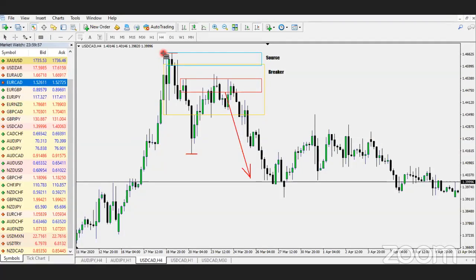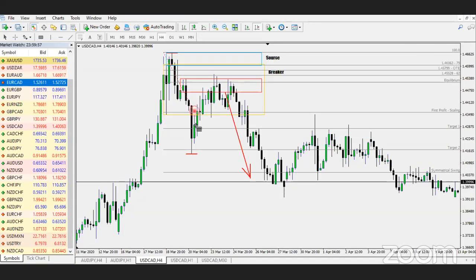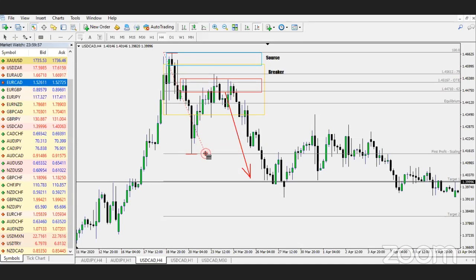They're very helpful. But to get straight into it, because we have already broken and created our breaker, we just need to pull down our fibs from the top of the wick of the 4-hour time frame to the candle that broke the breaker.